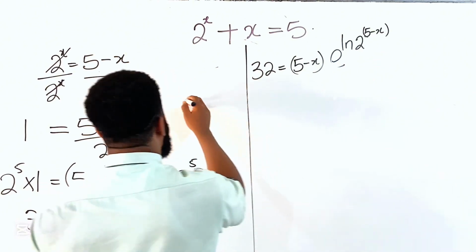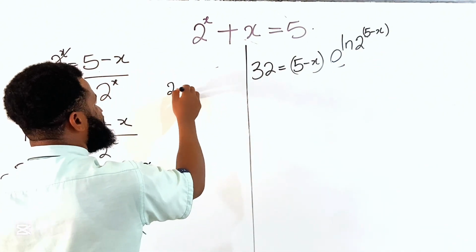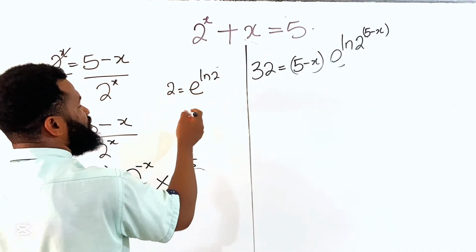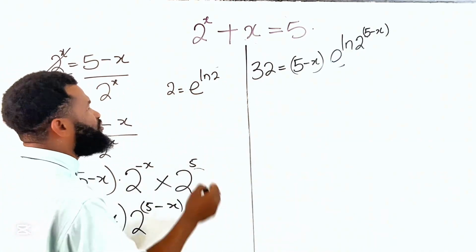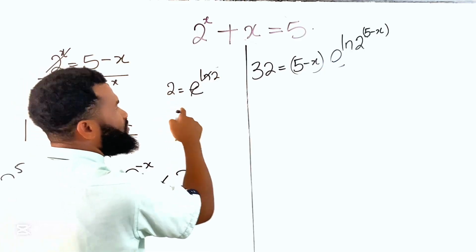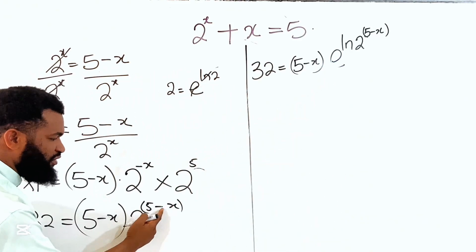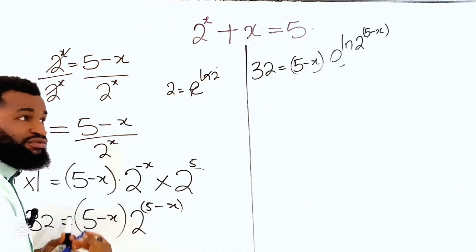Remember I told you that 2 is something as e raised to the power ln 2. People say this cancels this, you have 2 left. So I didn't change 2 raised to the power 5 minus x. I just brought another way to write it.